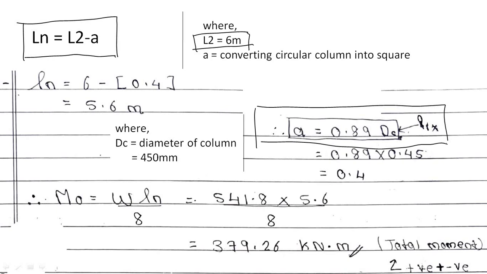So A is the factor that converts the circular column into the square column. For converting, we multiply 0.89 into the diameter of column, so we have A as 0.4. So Ln is equal to 6 minus 0.4, which means 5.6.